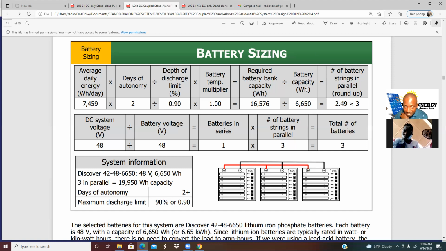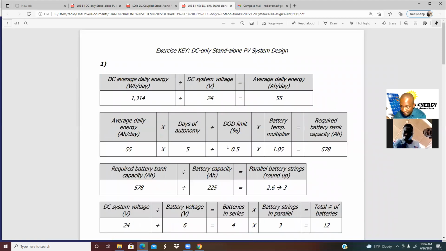Now the battery capacity watts hour divided by the battery capacity. Now this lithium ion battery, one battery, is 6,650. Now let's go to our small battery we're using because I don't want to confuse your mind.